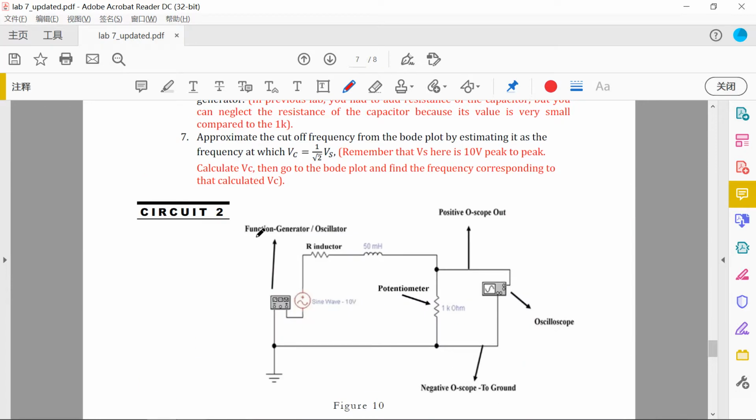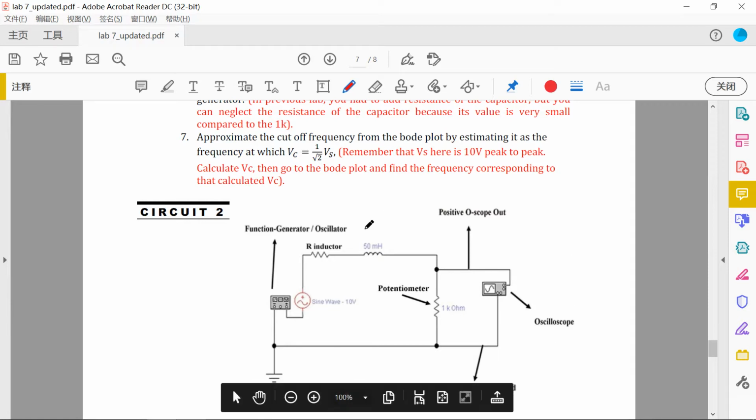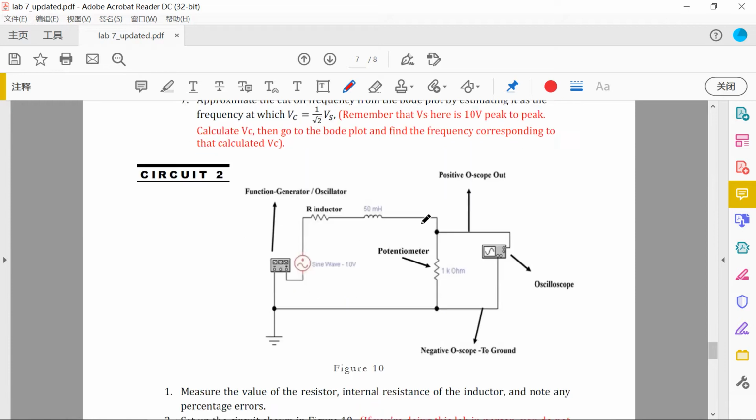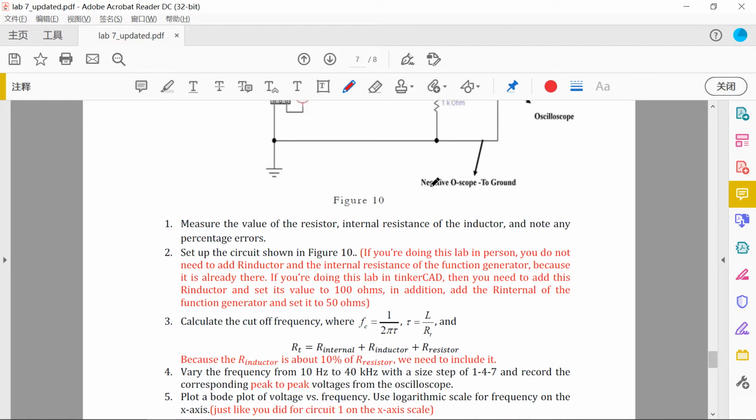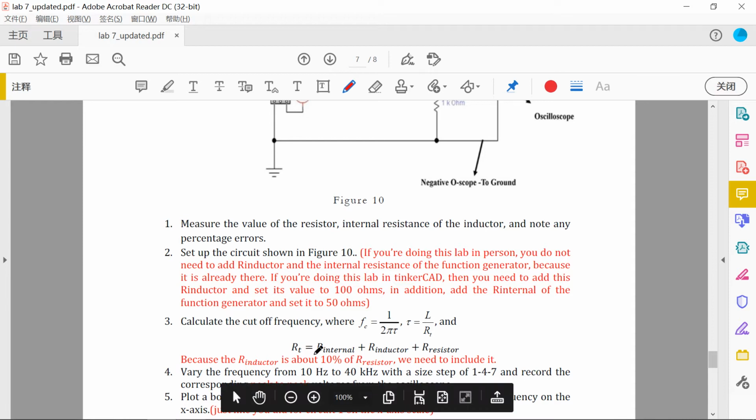Okay, and for circuit 2, the circuit is almost the same, but we change the capacitor to an inductor, and switch the position as well. What I would like to say is, for procedure 3, the R total here equals R internal plus R inductor plus R resistor, because the R inductor is about 10% of the resistor.